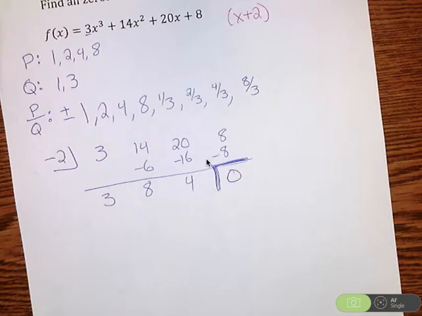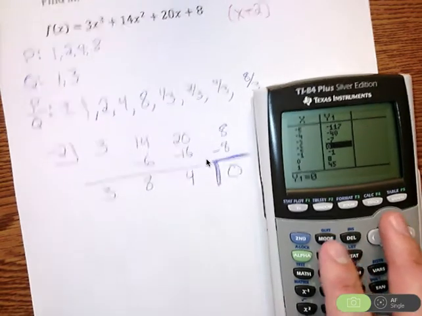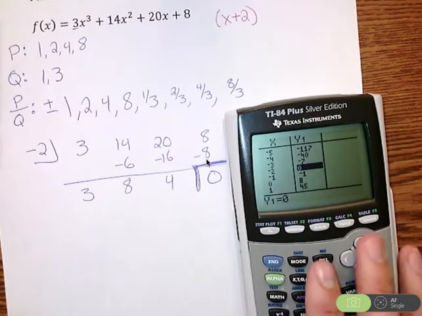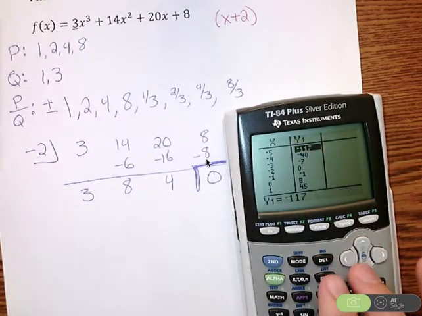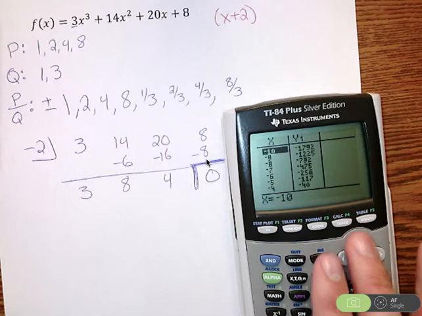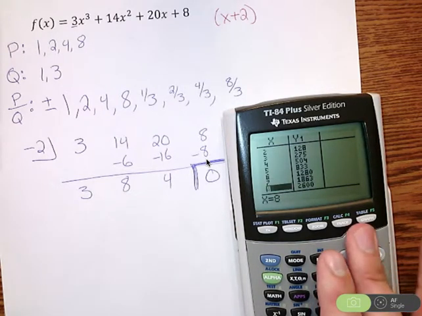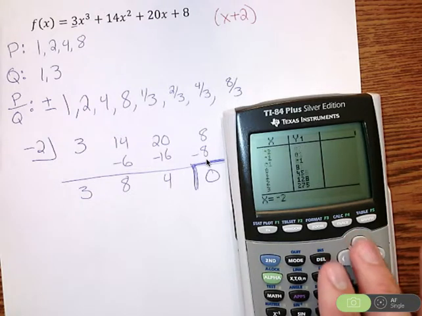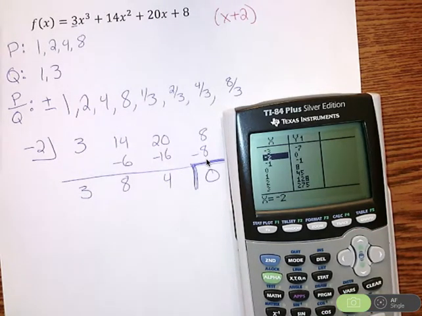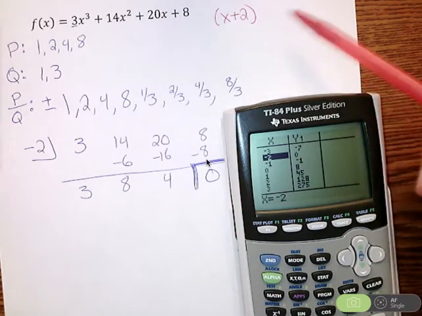Well, what you want to do is try another 0. So I would go back to my list and look for another number that gives me 0 for y. We could keep scrolling up and down forever; you're never going to find it. The only number we have is this -2. Now what you want to remember is that on several problems I've worked in class, sometimes our zeros or our factors duplicate.